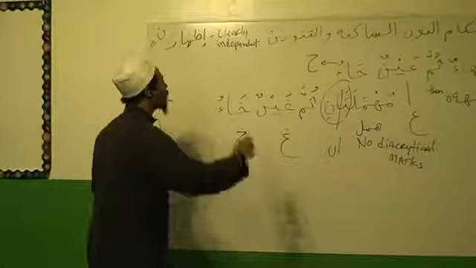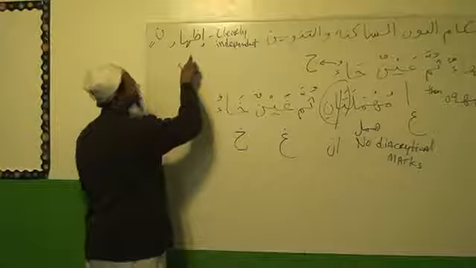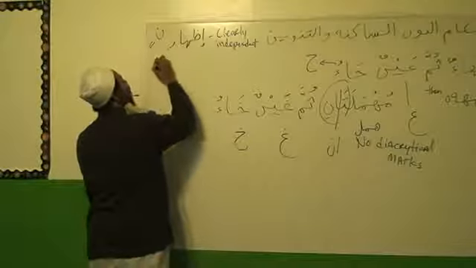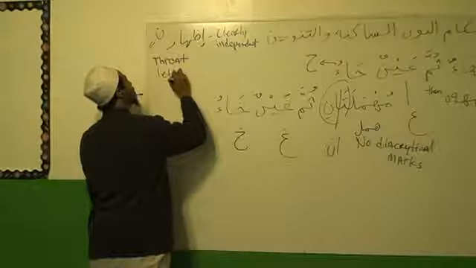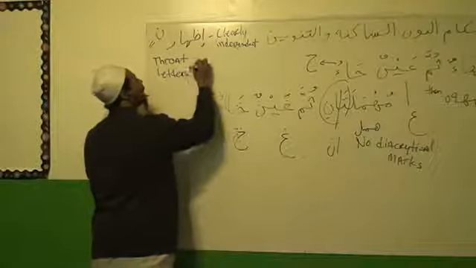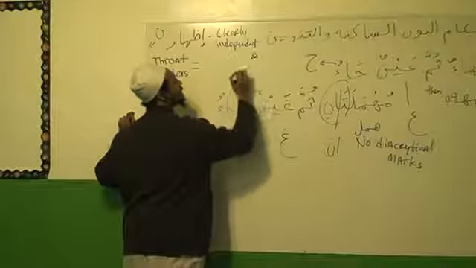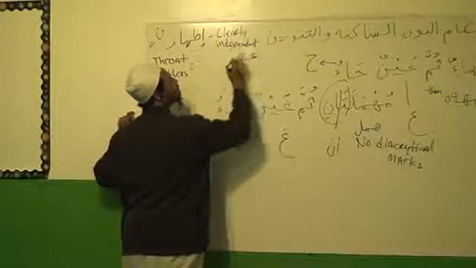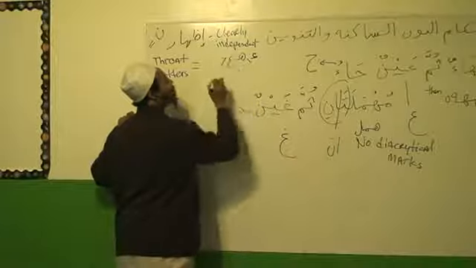These are the 6 letters. Let me put them on the side. So we have idhar, and then we have the letters of the throat. We'll say throat letters. And they are what? Hamza, right? Hamza, then ha'un, thumma aynun, thumma ha'un.